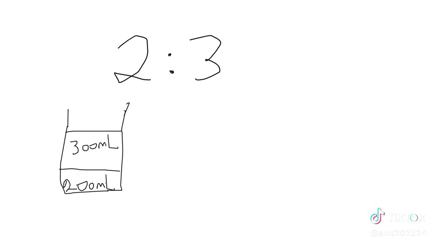So in total, I've got a 500 milliliter drink of squash that is what I call diluted. Essentially, ratios work by you trying to produce an end product by having a mixture of two different quantities.